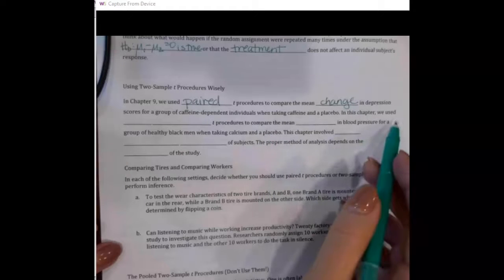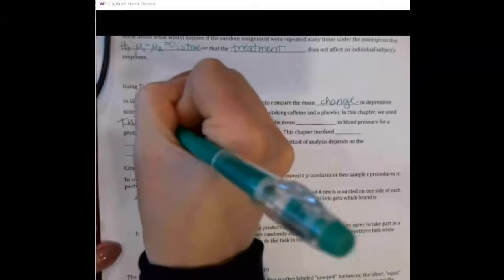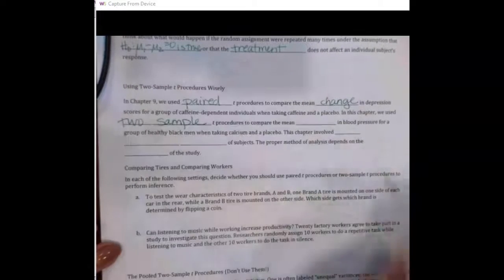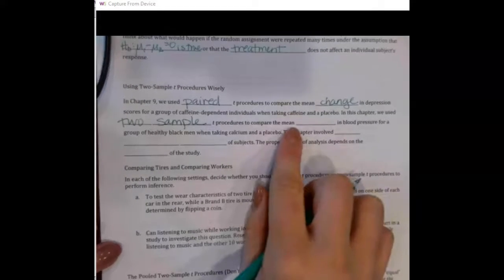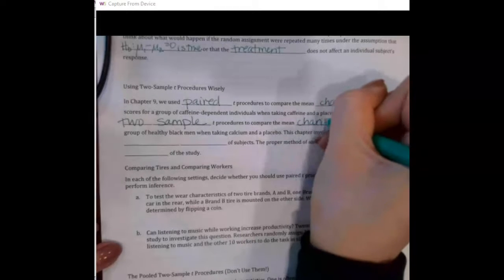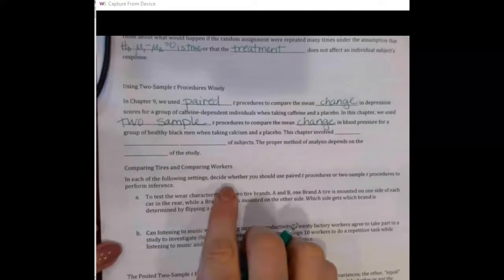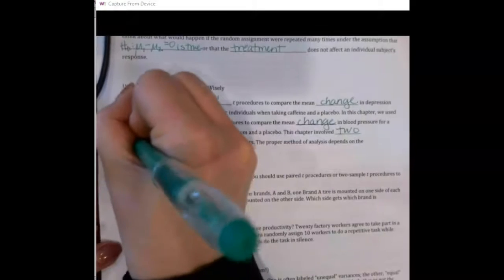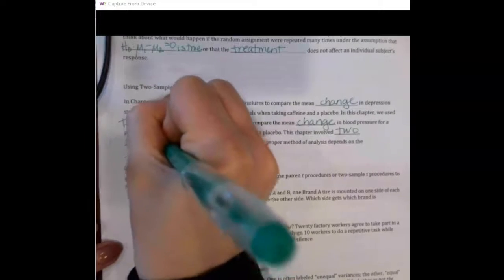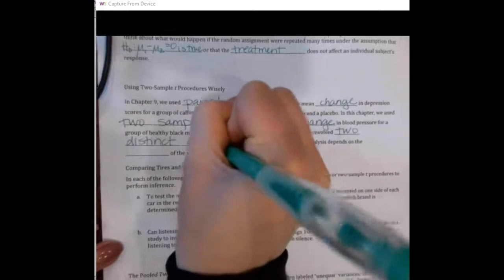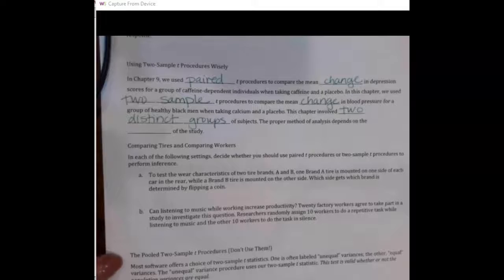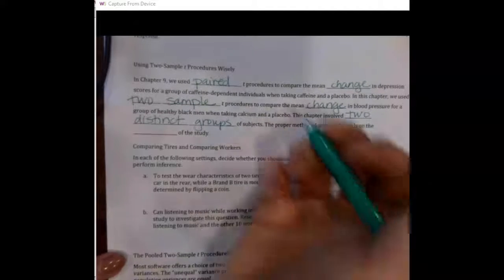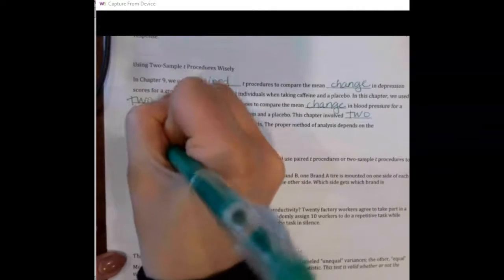In this chapter, we used two-sample t procedures to compare the mean change in the blood pressure for a group of healthy black men when taking calcium and a placebo. This chapter involved two distinct groups of subjects. The proper method of analysis depends on the design of the study.